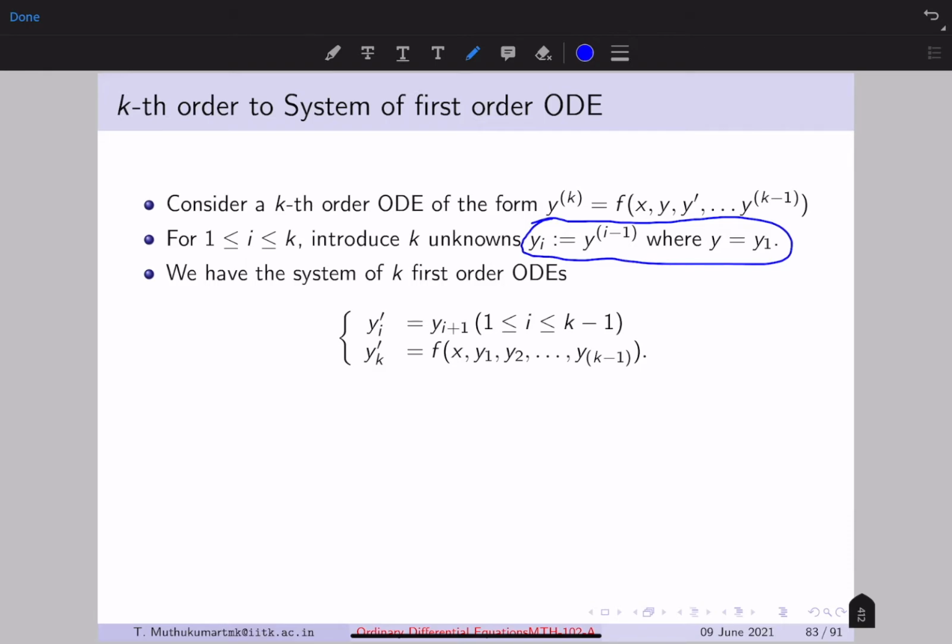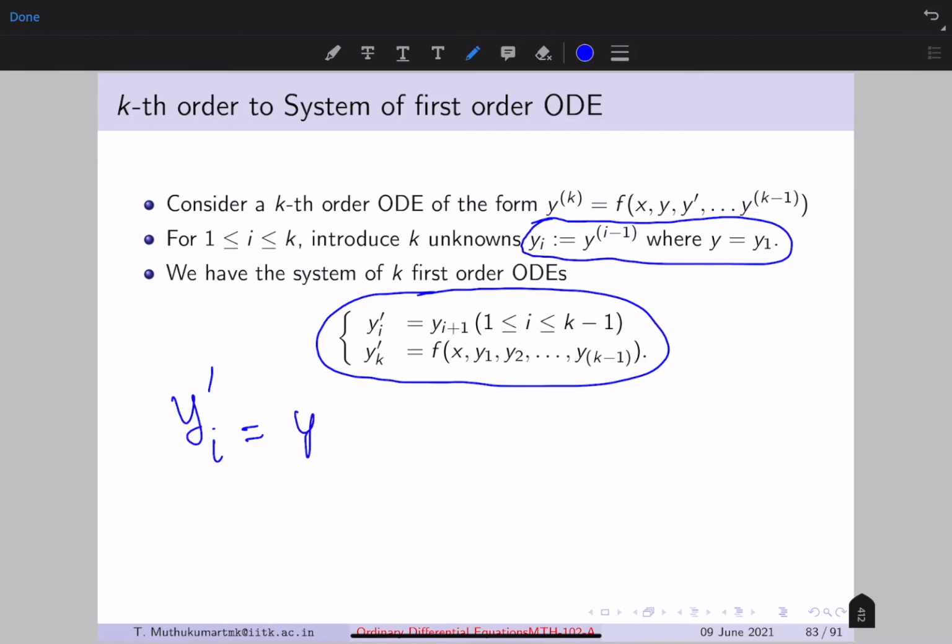Once we introduce k unknowns, we have a system of differential equations, right? Because yi prime is, by that same definition, yi plus 1.